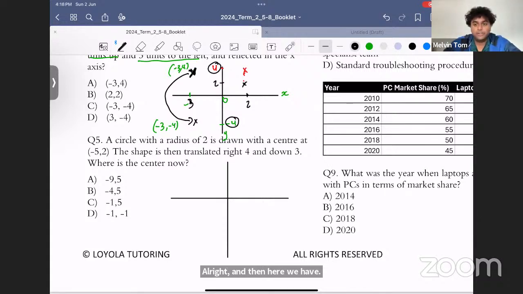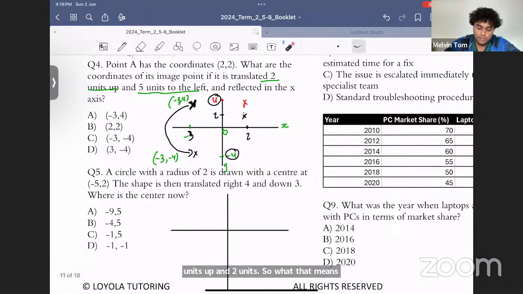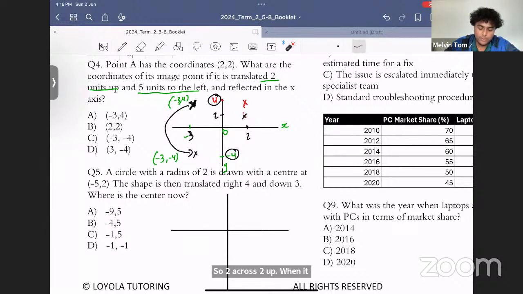Before I draw this, I just want to quickly explain. Someone asked me, can you explain the part of 5 units up and 2 units? What that means is that when it's at 2 and 2, so 2 across, 2 up, and it says translate 2 points up, it goes 1, 2 up: 2 across, 4 up.